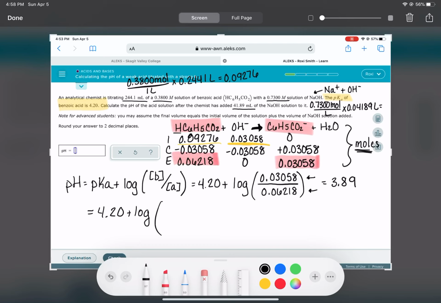To calculate the molarity, we're going to take the number of moles and we're going to divide it by the total volume. The total volume, where do I have room to write this?